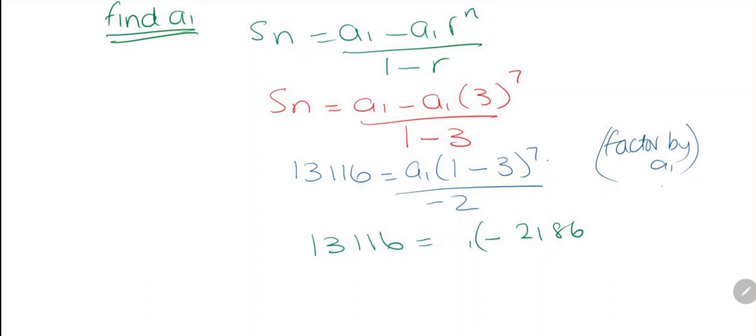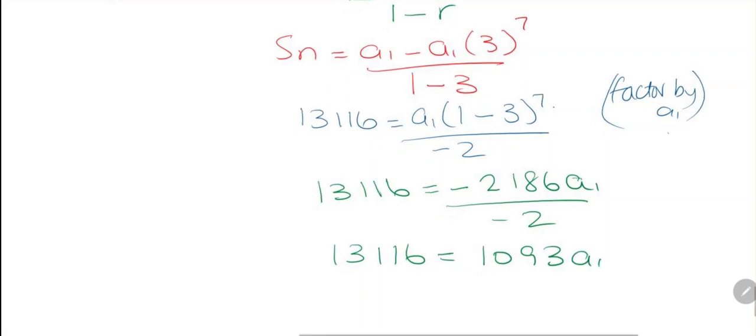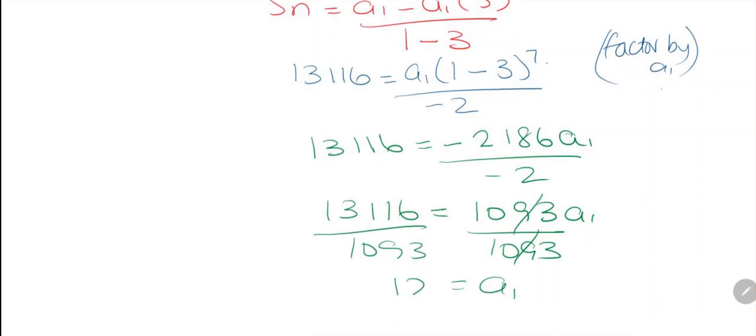So I'm going to write this the other way around. So I'm going to write minus 2186, and I'm going to write a1. And this is divided by minus 2. So if we divide by minus 2, 13116 is equal to 1093 multiplied by a1. And now if we divide both sides by 1093, a1 is equal to 12.